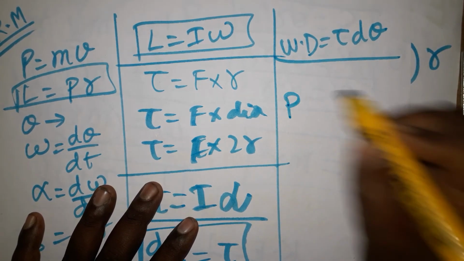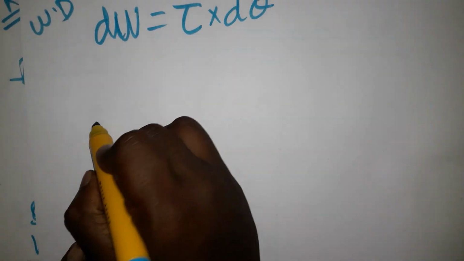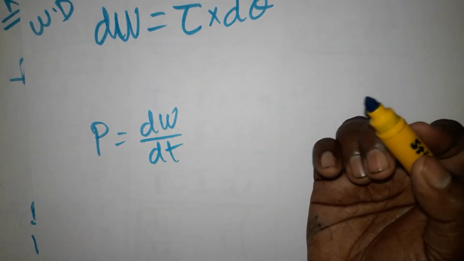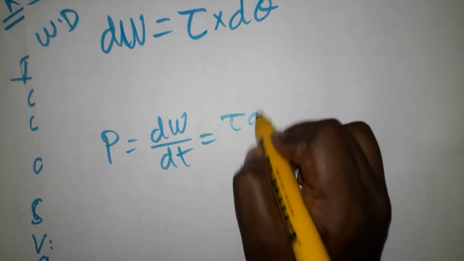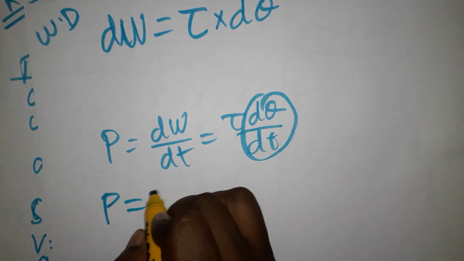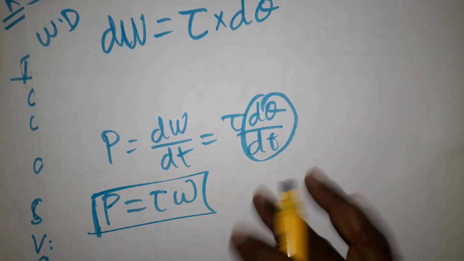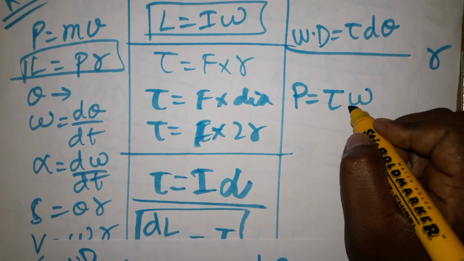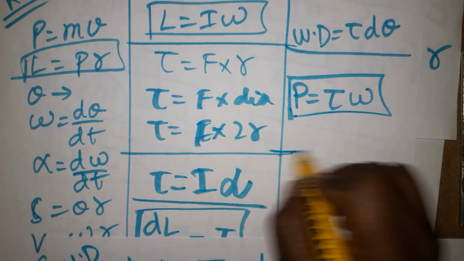Power in rotation motion: power is the work done per time, the rate of doing work, so it is torque d theta by dt, which is omega. So power is equal to torque times omega. This is power in rotation motion.